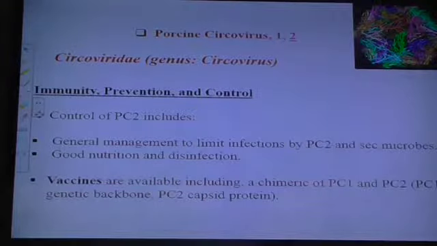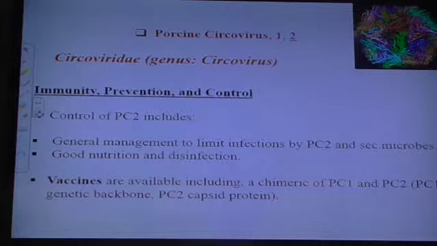Now, on immunity, prevention and control, the most important thing is that there is a vaccine, and this vaccine is a recombinant vaccine. What's interesting is that it uses porcine circovirus 1 as a backbone, a recombinant vaccine that encodes proteins involved in porcine circovirus 2 infection.